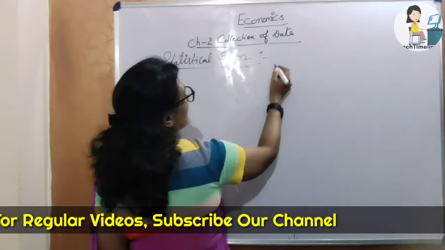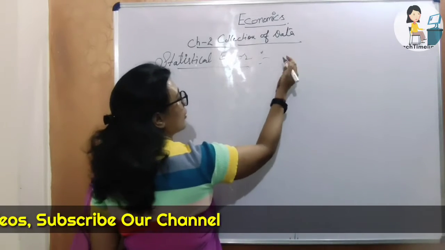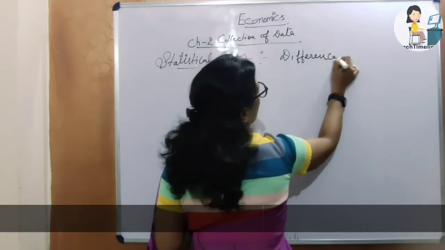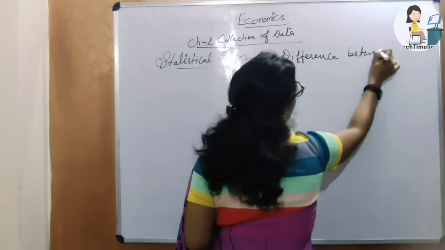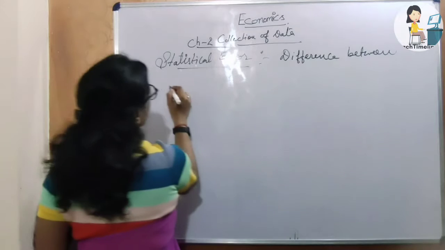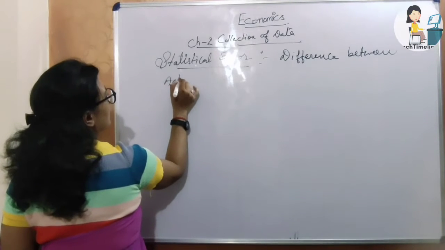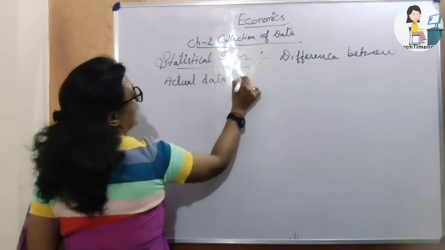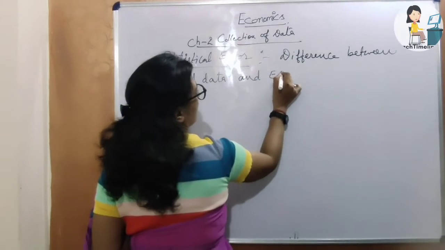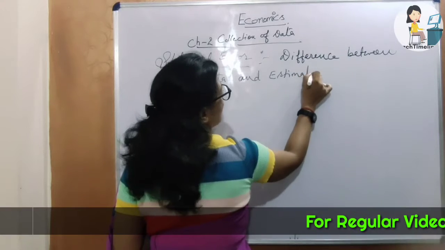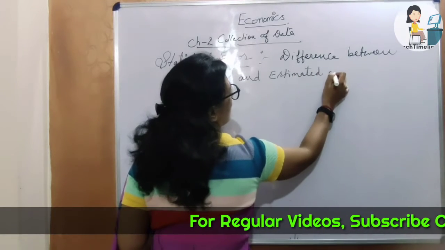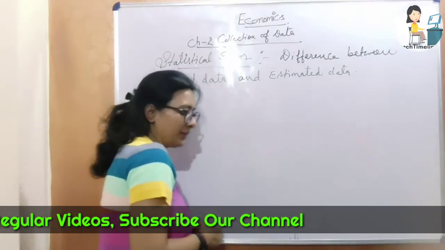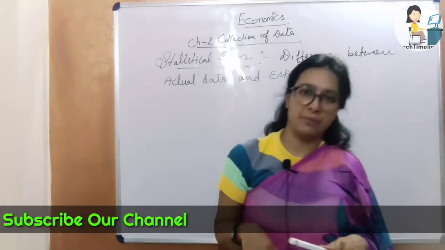You can say a statistical error is an error of difference between actual data and estimated data. This is known as statistical error, and that error is of two types.